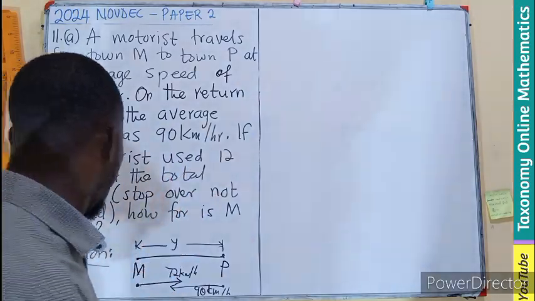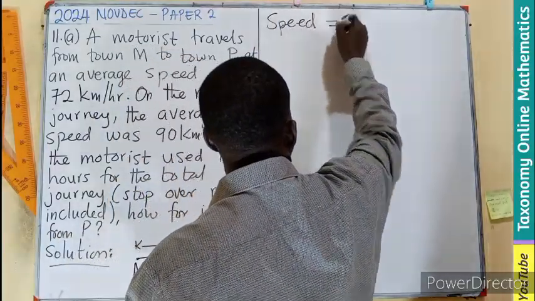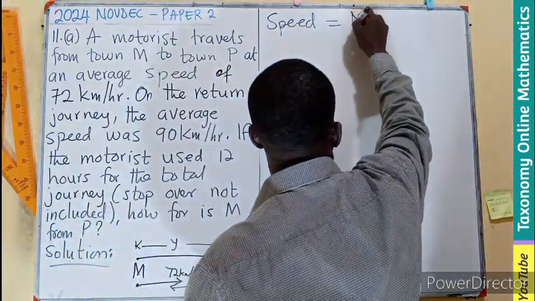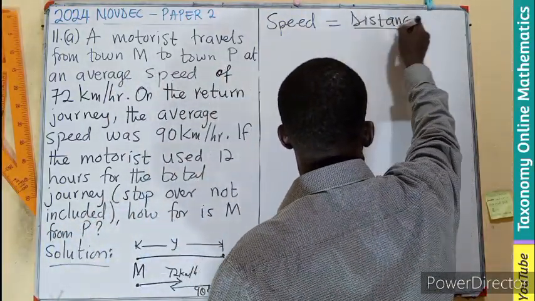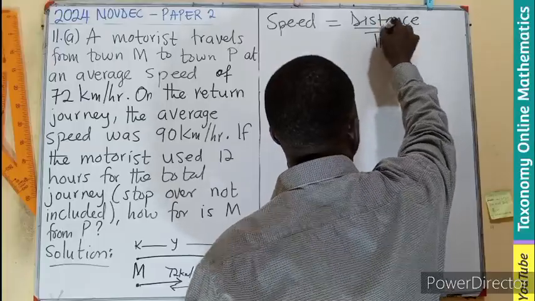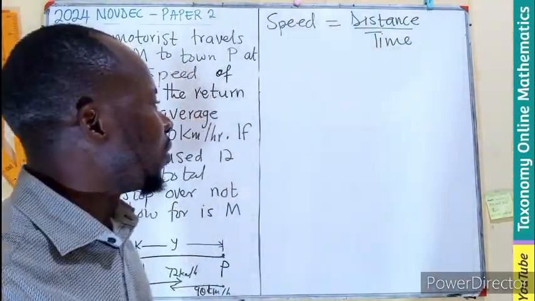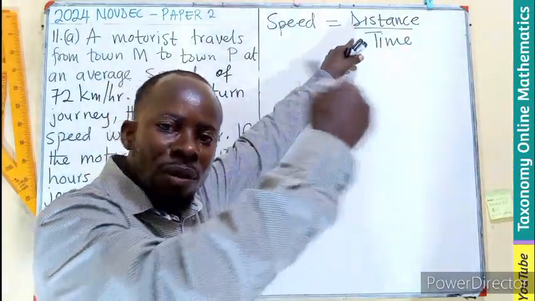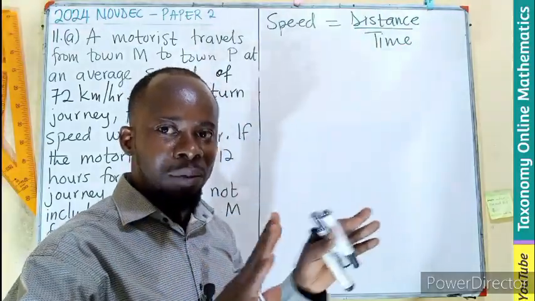So now let's see what speed definition is all about. We know a speed or an average speed is the distance covered over the time taken. The speed is just distance over time taken. So since the distance moving from M to P is the same as moving from P to M, we are going to make it a constant.